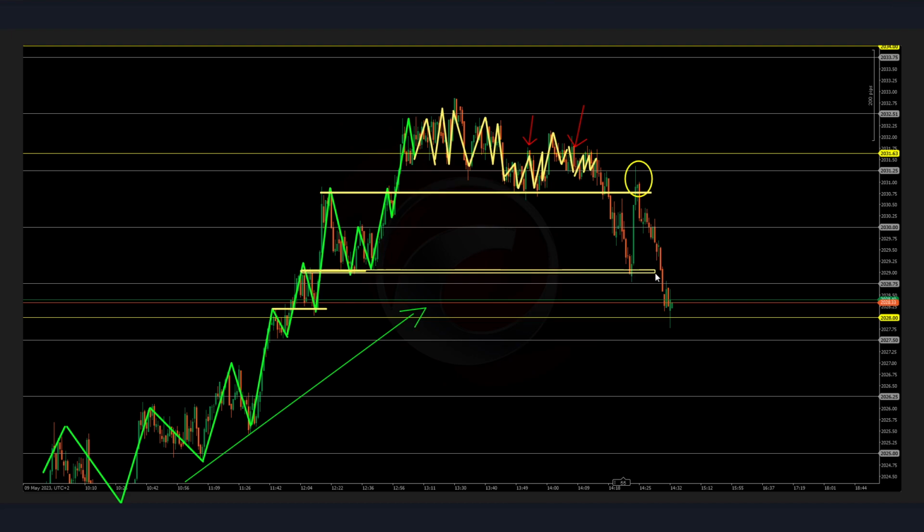Then remember, you have this PSA on the left hand side, and we have these lows which are matching, this one, yes, and this is the key level 2028. There you go. That's where we can expect some reactions.